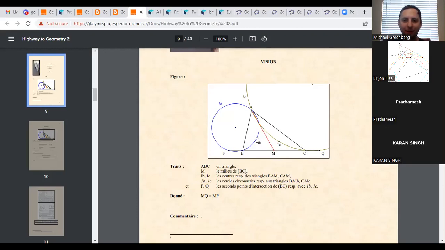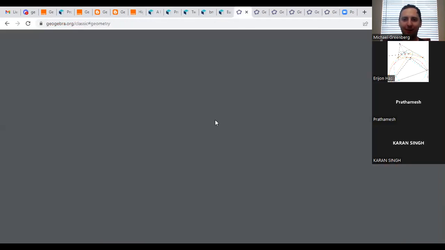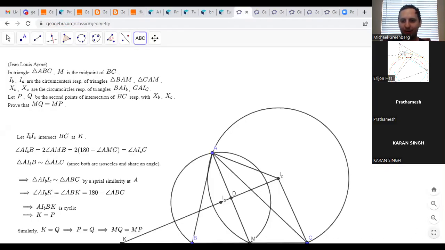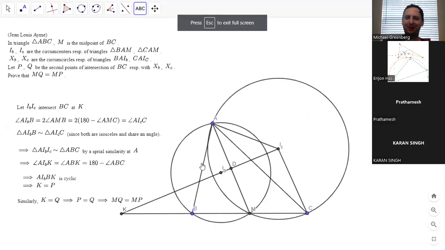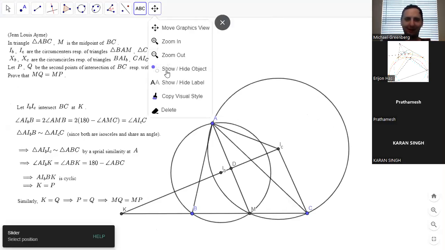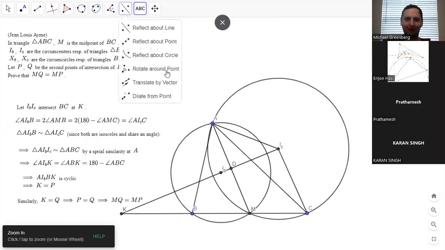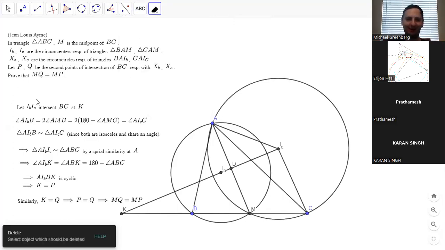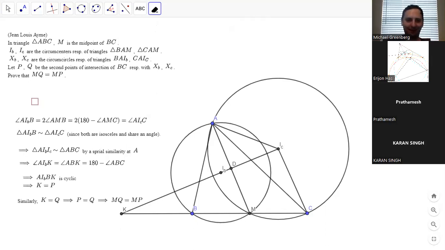I think we might have made IB and IC the circumcenters, whereas in this problem, I think they're the incenters. Interesting. So that's so interesting, isn't it? The problem is true whether they're the circumcenters or the incenters. Okay, so we're going to have to redo this, but that's really interesting that the problem still worked. What are the chances that that would happen, right?